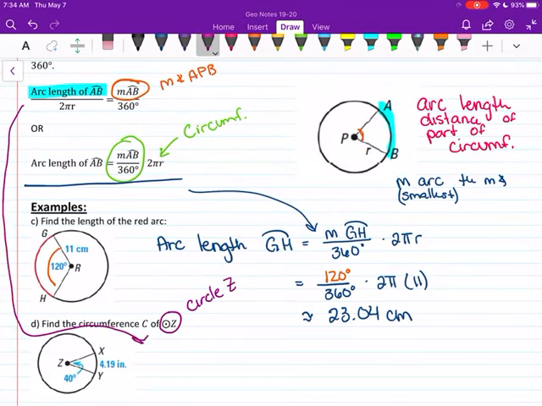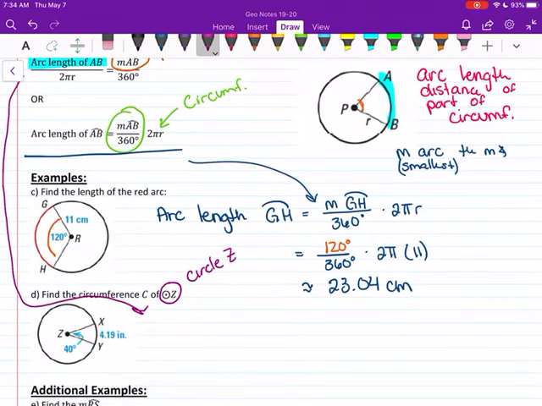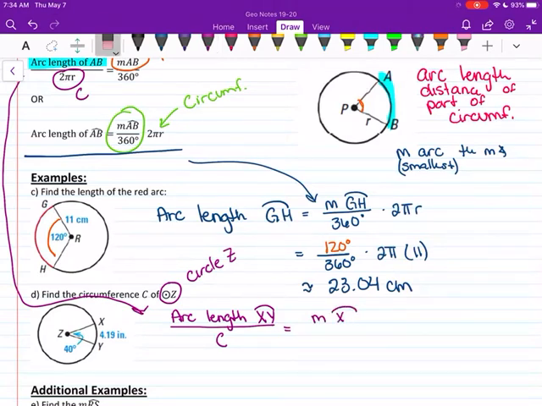For this one, the arc length goes on the numerator, in this case the arc length of XY, divided by, and remember 2 pi r is the same thing as circumference, so divided by circumference, and then I have the measure of the angle XY divided by 360 degrees.